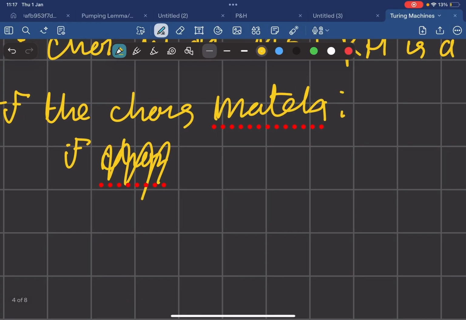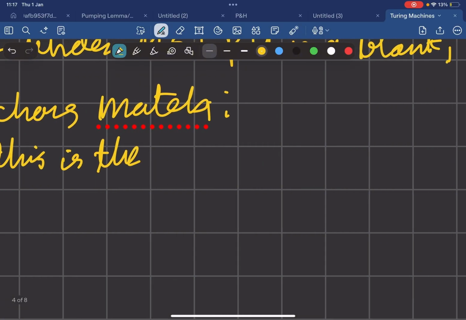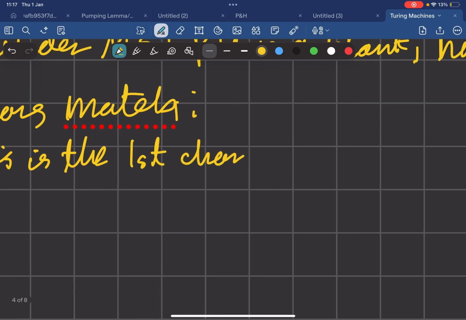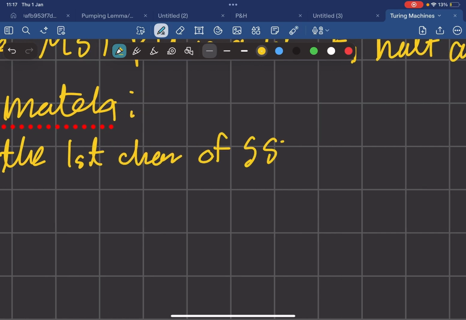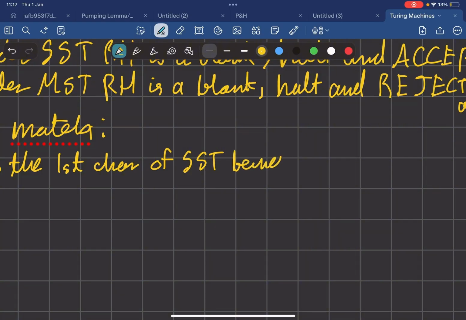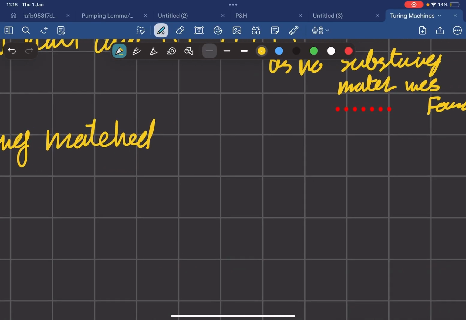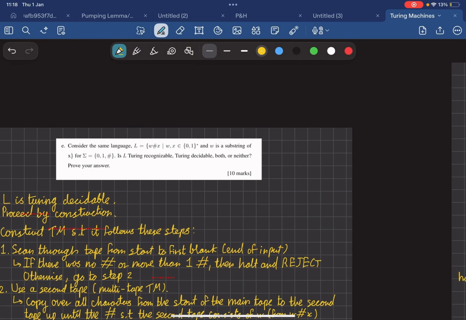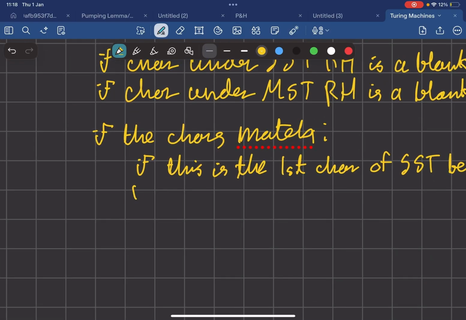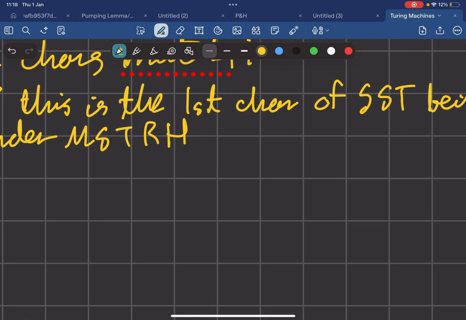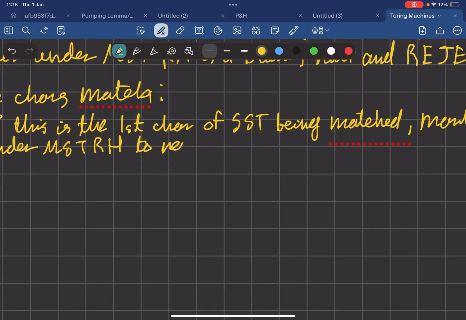So if this is the first character of the substring tape being matched, then we're going to mark the character under the main string tape read head to remember the starting position that we're using.